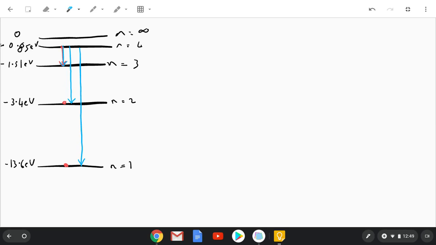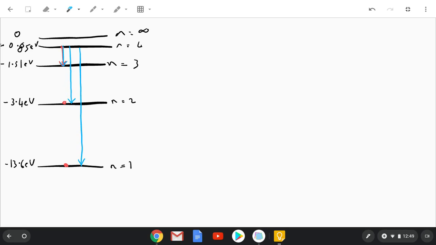When the electron changes its orbit or its energy level, this is called a transition. Okay, an electron transition. So when an electron moves in between energy levels, this is called an electron transition.